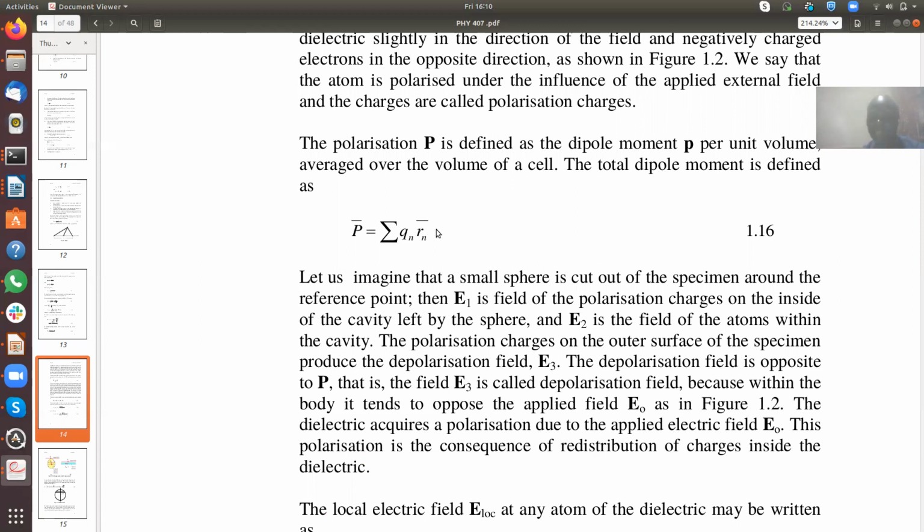So the polarization charges on the outer surfaces of the specimen produce the depolarization field E3. So the depolarization field is opposite to P, that is, to the field E0. E3 is called the depolarization field because within the body it tends to oppose the applied field E0, as shown in figure 1.2 that I showed to you the other time.